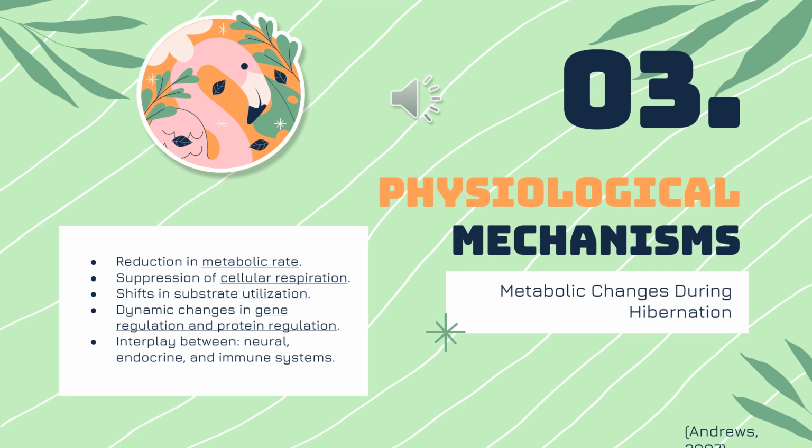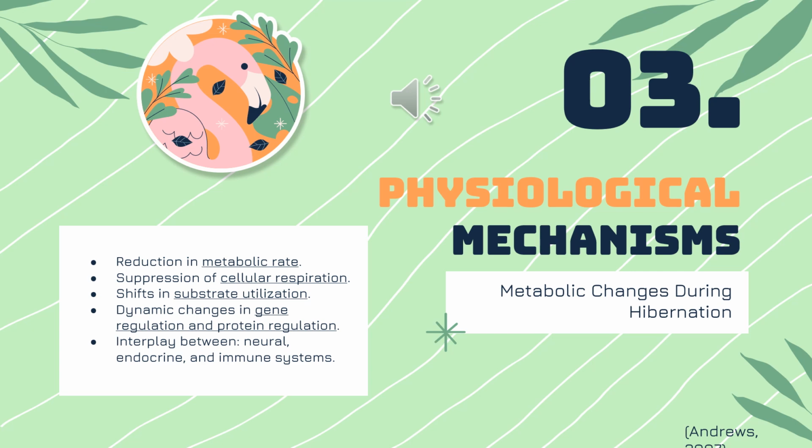Hibernating animals undergo a significant reduction in metabolic rate achieved through adaptations such as suppression of cellular respiration, downregulation of ATP consuming processes, and shifts in substrate utilization. Additionally, dynamic changes in gene expression and protein regulation support metabolic adjustments during hibernation.